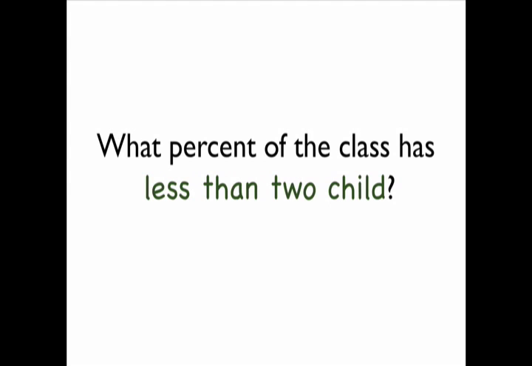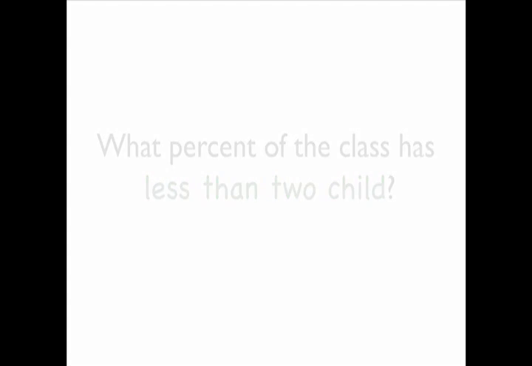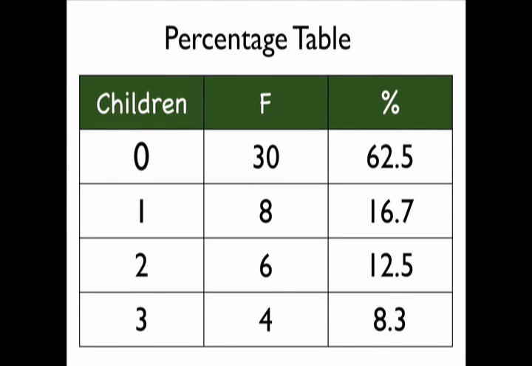What percent of the class has less than 2 children? Less than 2 means smaller than 2. 0 is smaller than 2. 1 is smaller than 2.